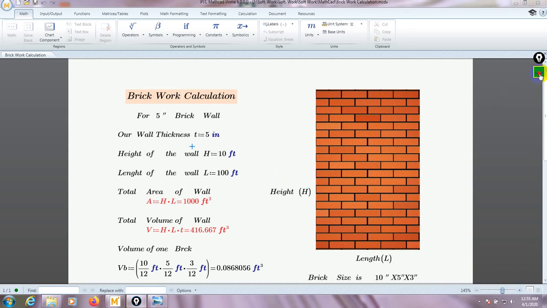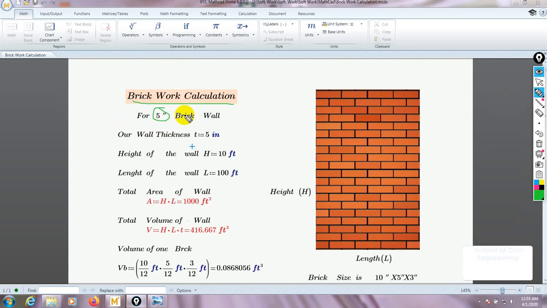Here is our data as in the previous brick wall calculation, for a 5-inch wall. In the previous video I showed you a 10-inch wall, and in this video I'll show you a 5-inch brick wall.